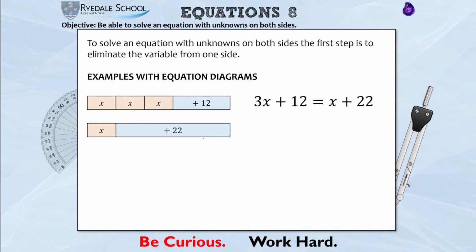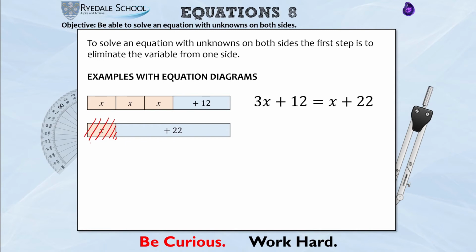Now, the reason why we're using an equation diagram is because I want you to see visually what is the first step to solving this equation. I've said I want to get rid of the unknown on one side.